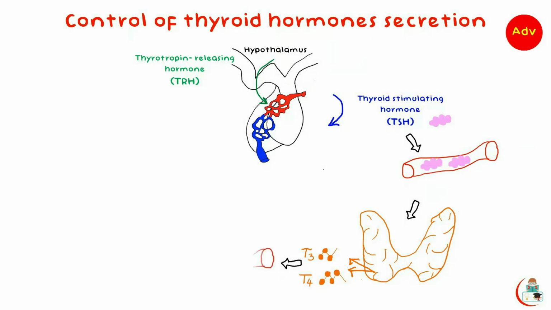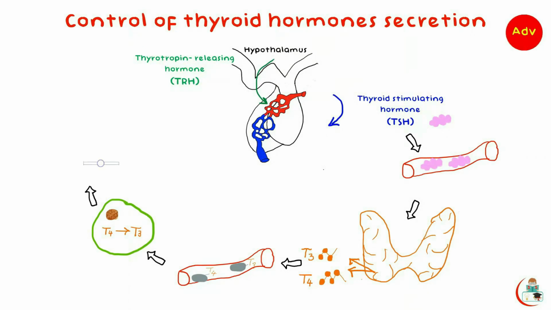Once these hormones are released into the bloodstream, they bind mostly to the circulating plasma proteins with little amount unbound as a free form. The thyroid hormones reach each cell in the body, and once inside the cells, T4 is mostly converted to T3 to exert its action. To work properly, the thyroid hormones have to be within a normal range.